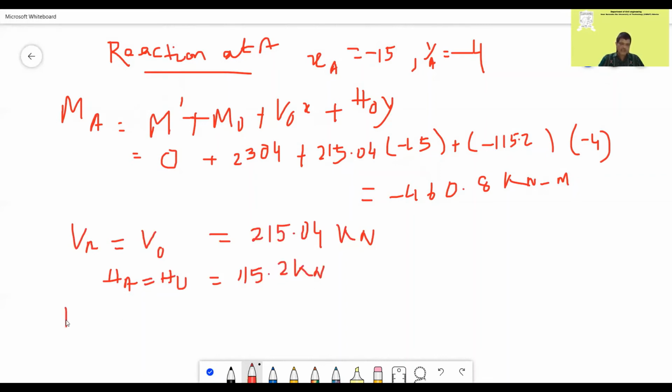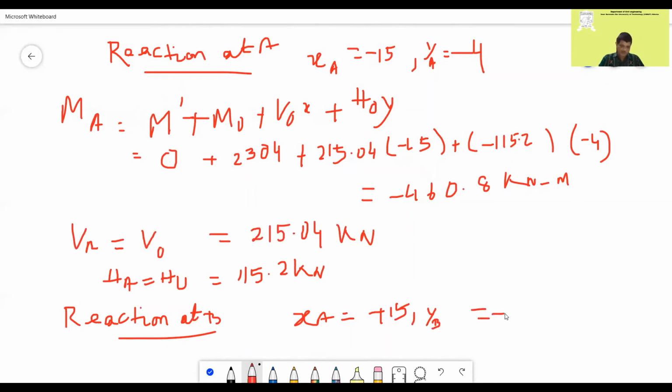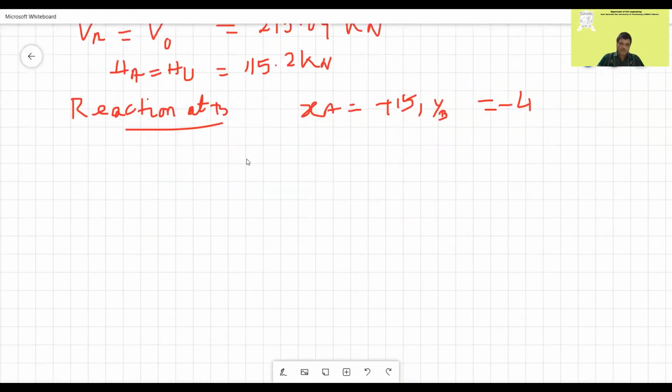Similarly, let's find the reaction at B. For the reaction at B, XB is equal to plus 15, and YB is equal to minus 4. Put the values in the equations.